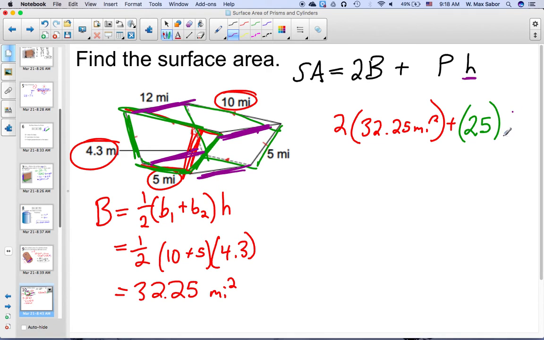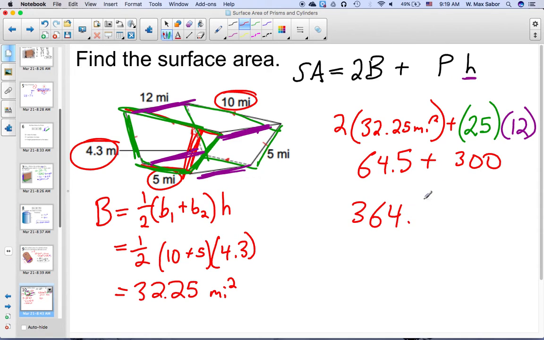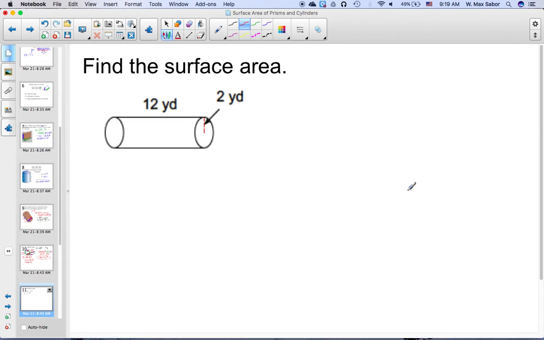So that's 12. Multiplying this gives us 64.5 plus 300. So 364.5 square miles.